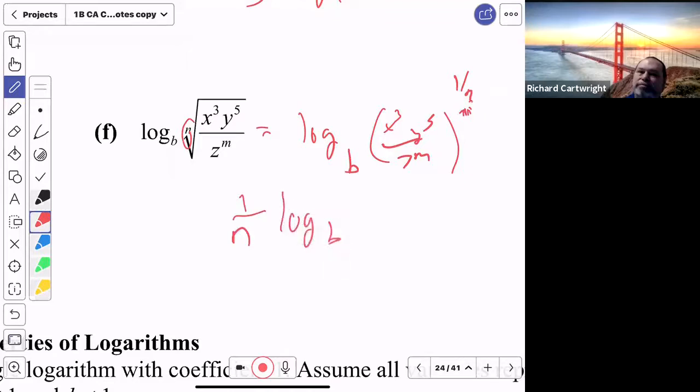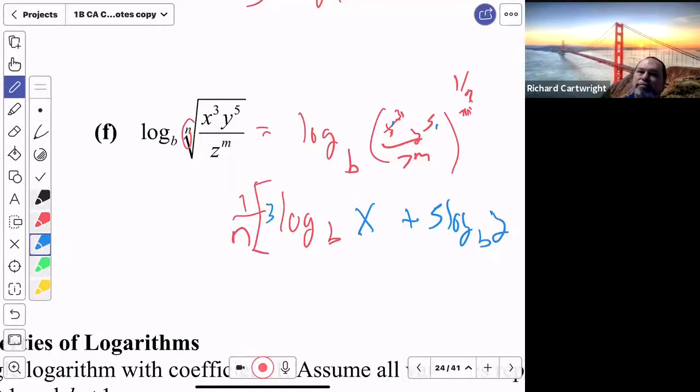Log base b of 3x. So that 3 technically can go in front of the log and put the x plus that 5 can go in front of its log base b of y.